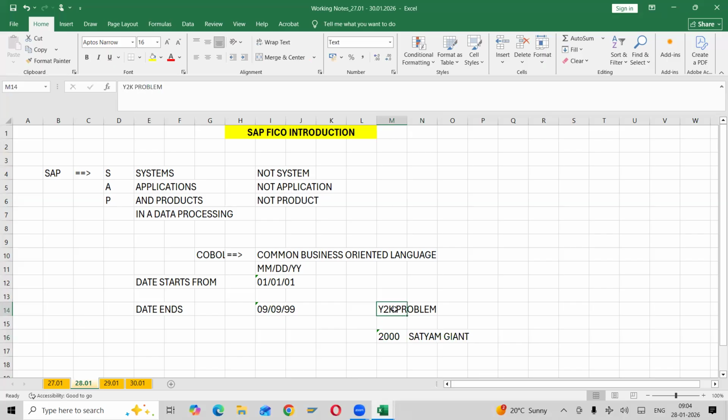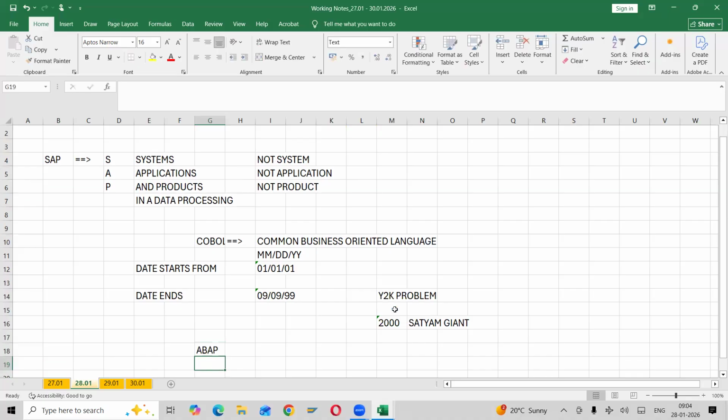In those programming languages, SAP came up with a programming language called ABAP. Whatever screens you are able to see in SAP, SAP is developed in the backend in a programming language called ABAP.